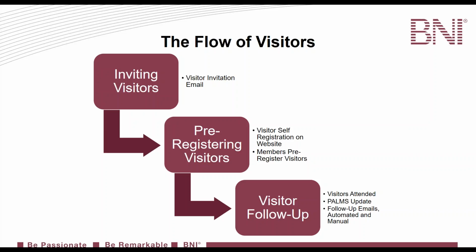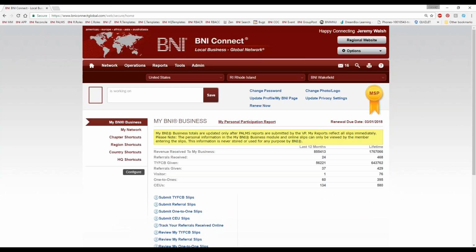So let's go over these first 2 parts of it, inviting and registering visitors and why it's so important. For that, let me get over to BNI Connect, because that's where this starts out. Now, the first step of that process is inviting a visitor. An easy way that you can invite visitors here in BNI Connect is using the visitor invitation.